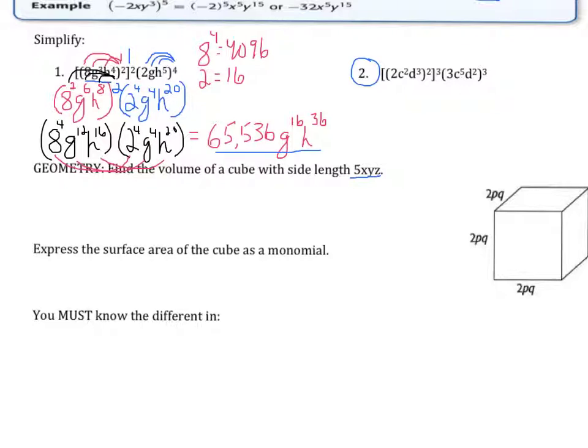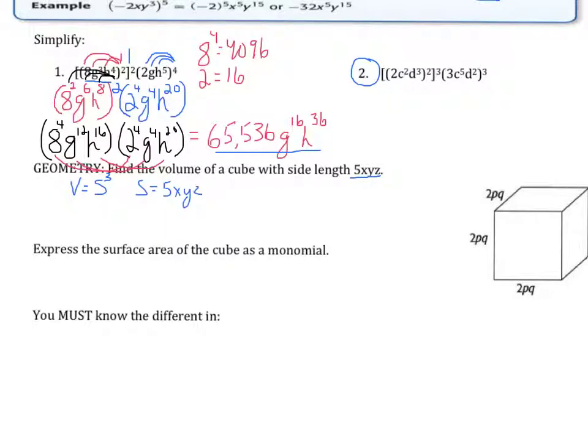So the volume of a cube, which we can talk about in class if you have a question, is going to be the side length cubed. Alright, so all we need here is the side length, and we can solve this, right? Well, the side length is 5xyz.